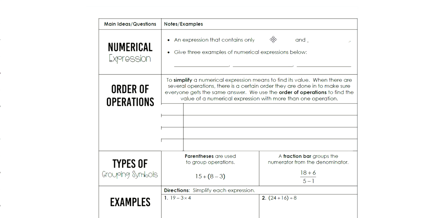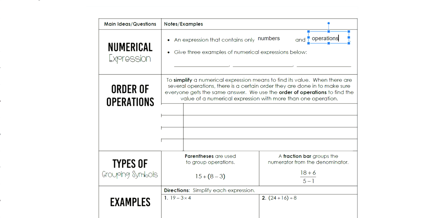So a numerical expression. Numerical has the word number in it, so that means it contains only numbers and operations. And when I say operations, you might be like, what are operations?